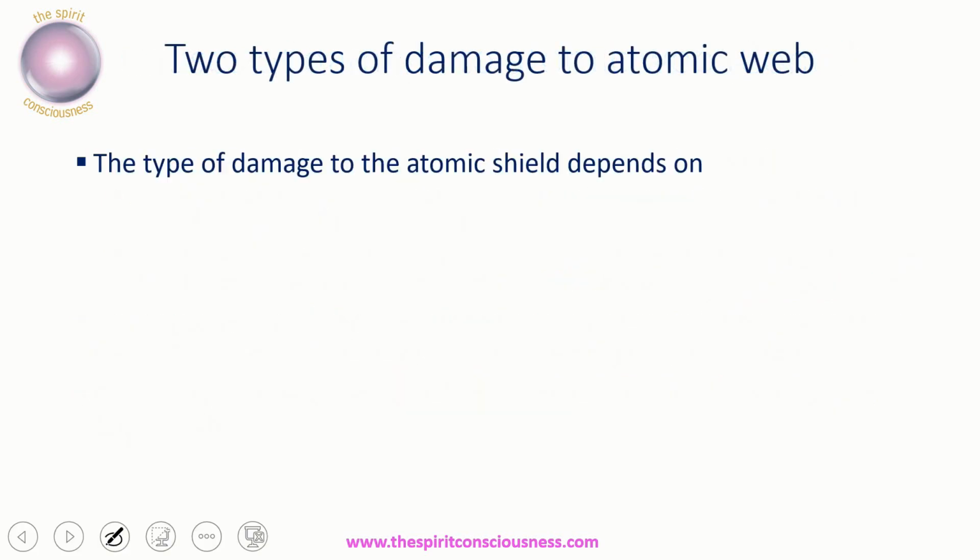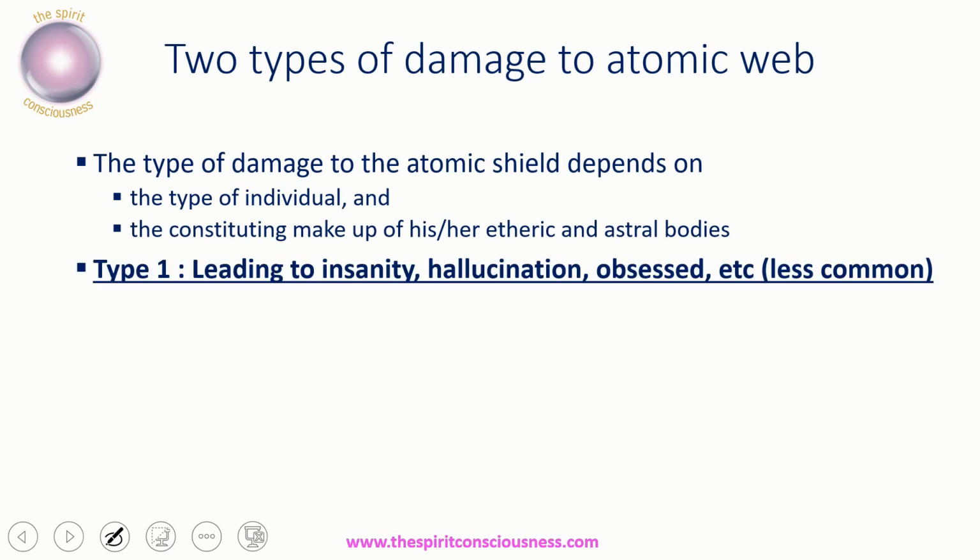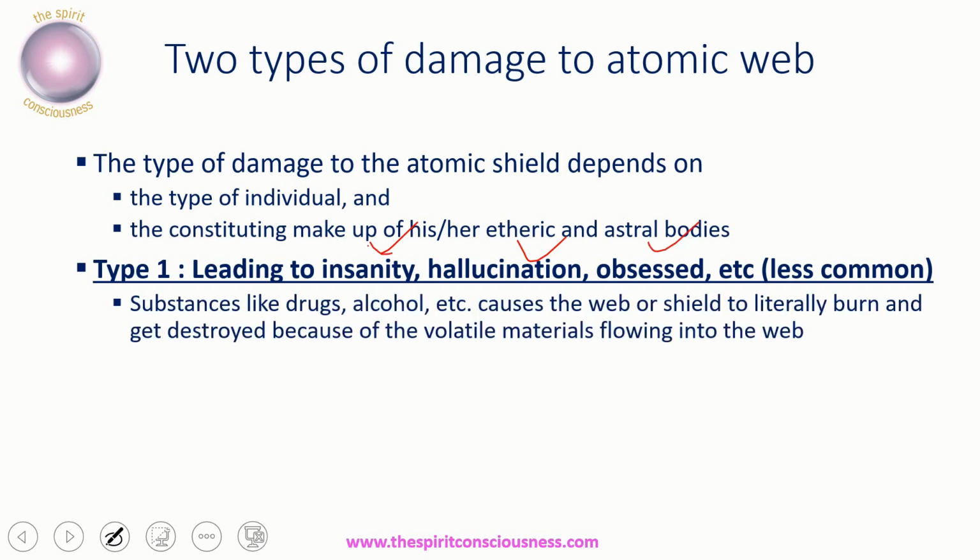There are two types of damage, which depend on the type of individual and the constitution of his etheric and astral bodies. Type 1 leads to insanity, hallucination, obsession, etc., which however is a little less common.